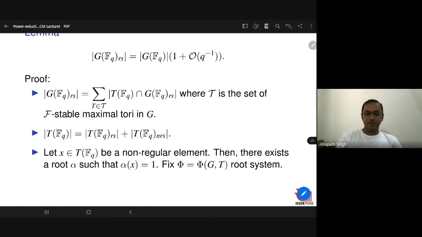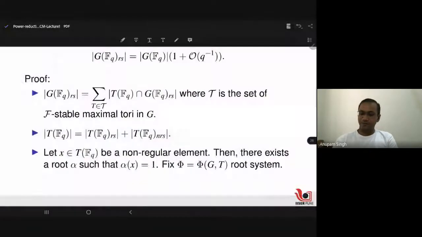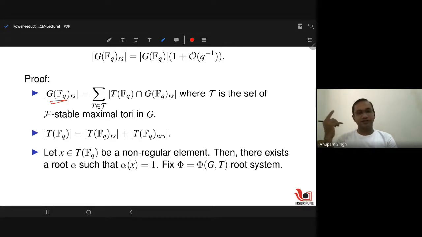If I want to look at a regular semi-simple element in the group G(F_q), we know that a regular semi-simple element belongs to a unique maximal torus, right? So all I need to do is look at all maximal tori and the regular semi-simple elements inside those maximal tori.